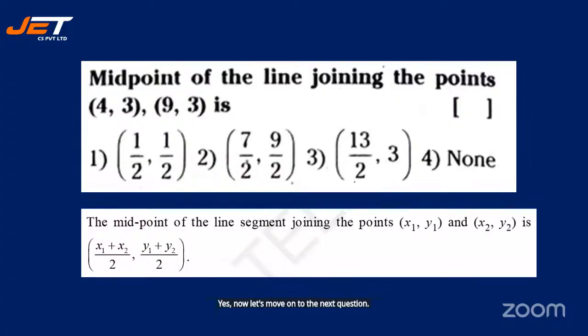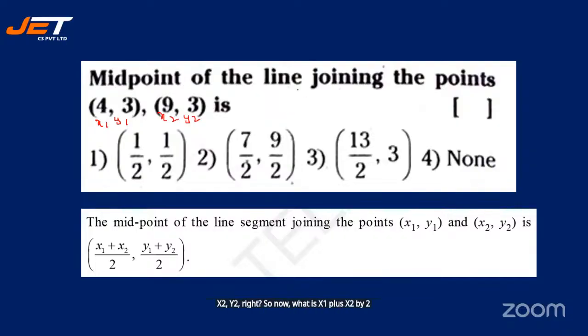Midpoint of the line joining the points 4, 3 and 9, 3 is dash. What is the midpoint formula? x1 plus x2 by 2, y1 plus y2 by 2. Isn't it? So here we have x1, y1, x2, y2. Now what is x1 plus x2 by 2?